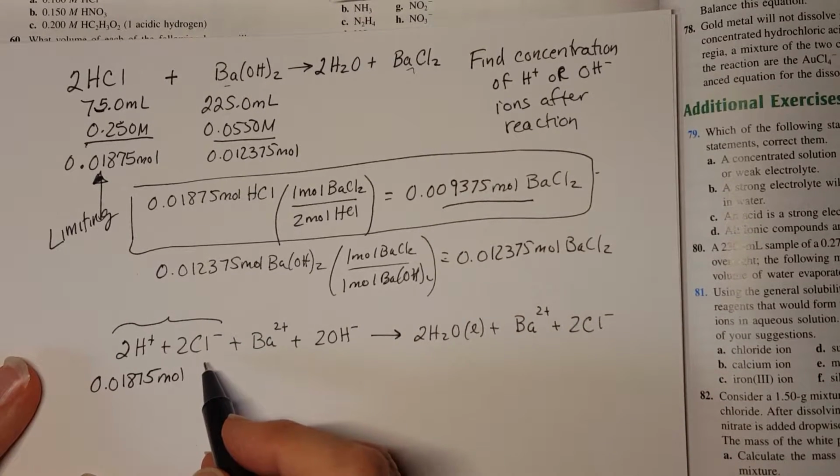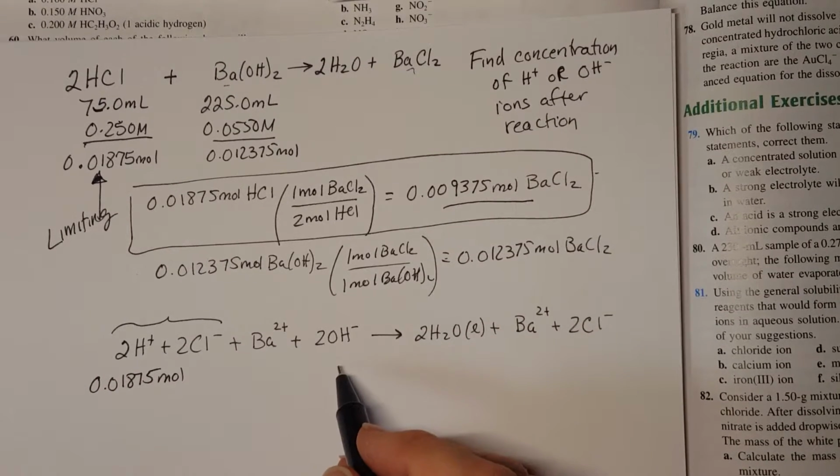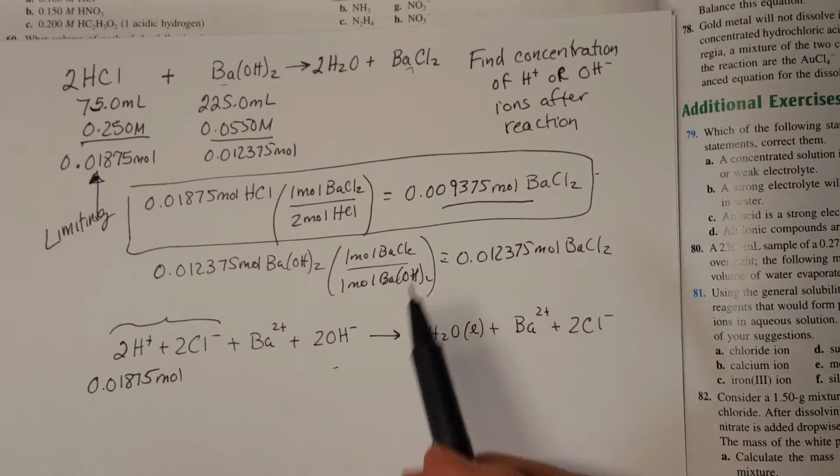Now I could put the moles of Cl- and the moles of Ba2+, but it's only asking us about the H+ and the OH-. So let's look at how many moles of OH- we have.